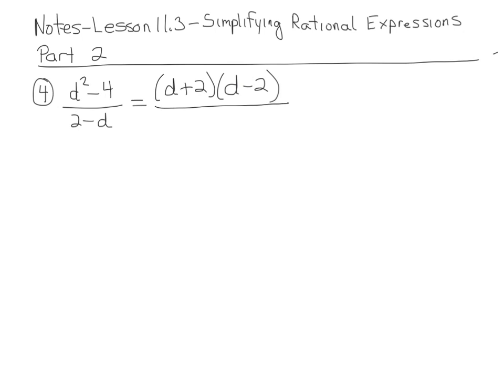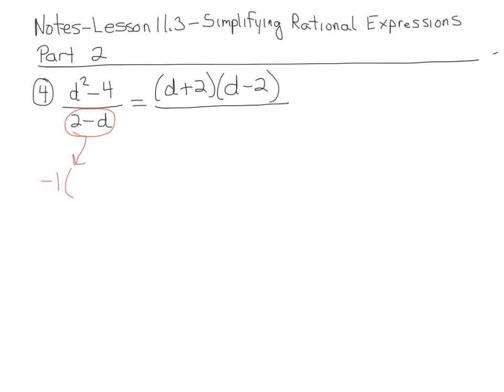Now, this binomial looks very similar to this one. Alright? These two are very similar. They're close. So we can do a little math trick here. So out of this one, we're going to factor out a negative 1.